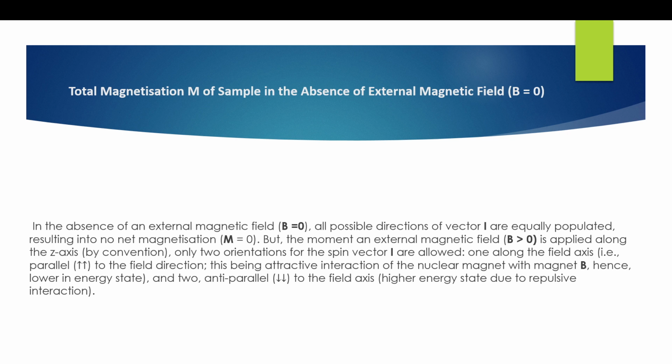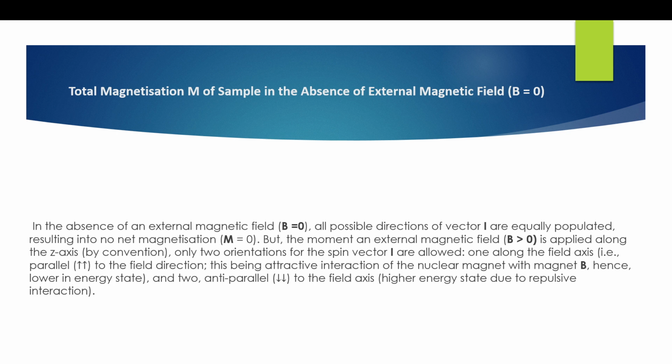In the absence of an external magnetic field, all possible directions of vector I are equally populated, resulting into no net magnetization. But the moment an external magnetic field greater than zero is applied along the z direction by convention, only two orientations of the spin vector are allowed.